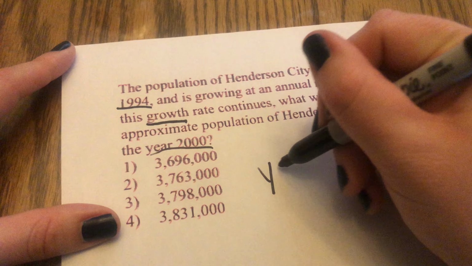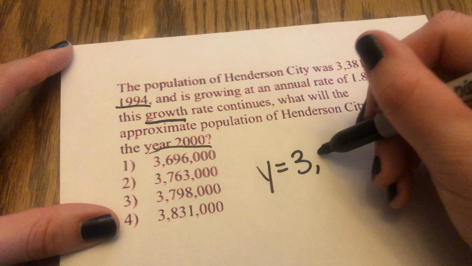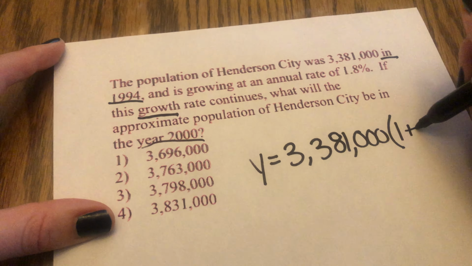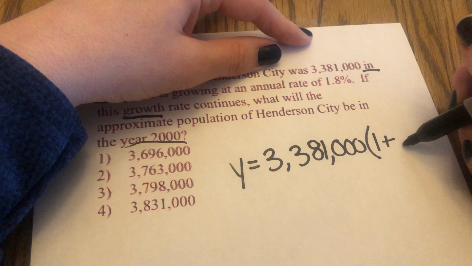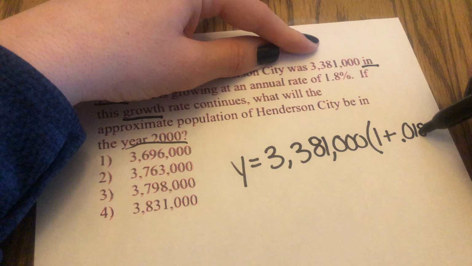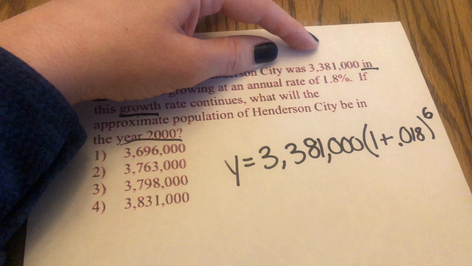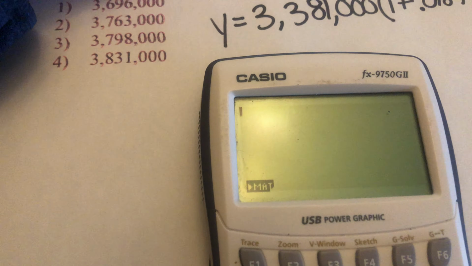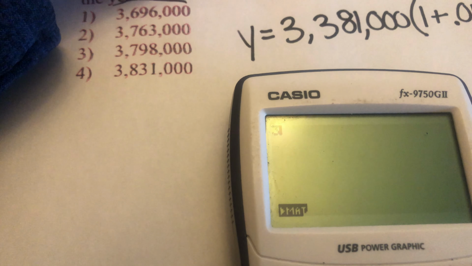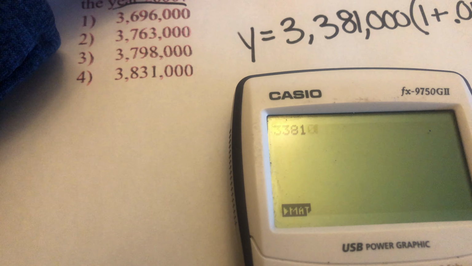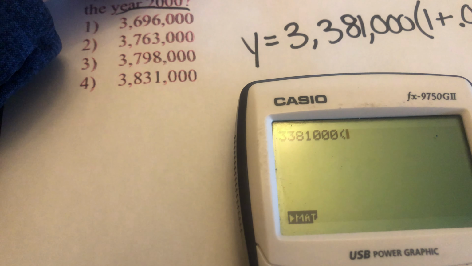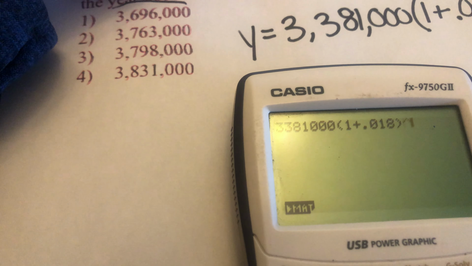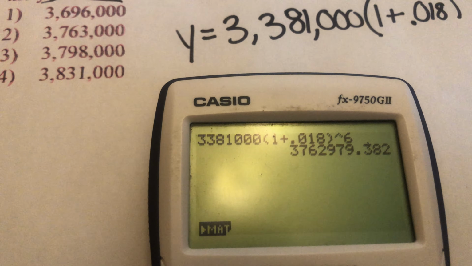So we start y equals 3,381,000, 1 plus my 1.8% is 0.018. Again, we said it's 6 years, so it's going to the 6th power. I'm just going to type in exactly as I see. 3,381,000, parentheses, 1 plus 0.018, close my parentheses, to the 6th power, and it gives us this value.